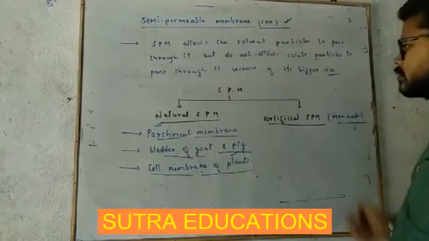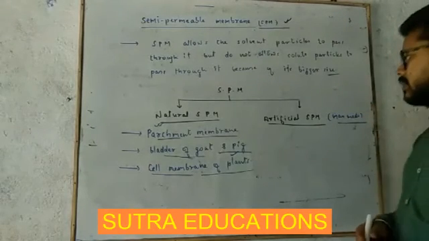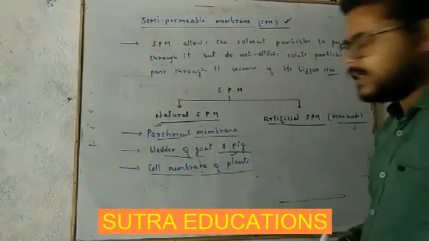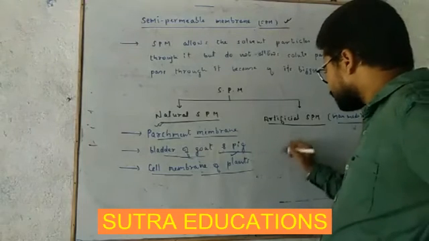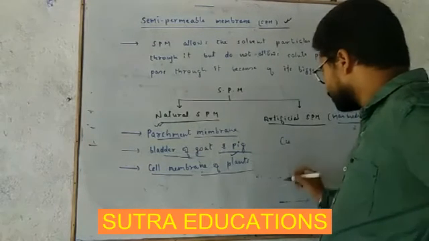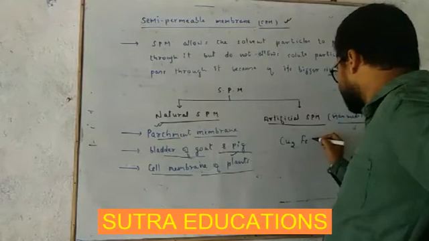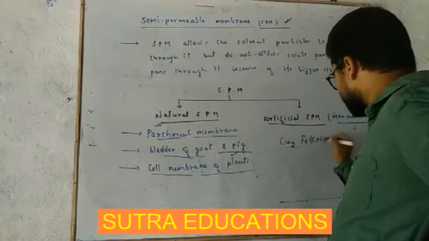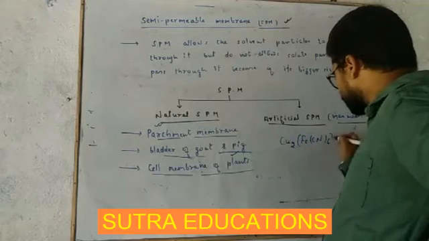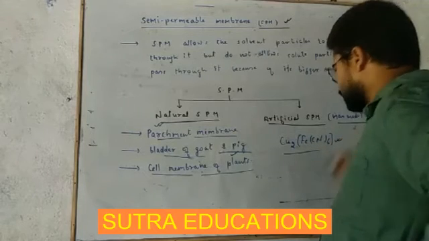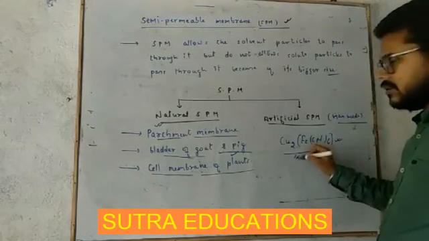So how can it be prepared? One example I am telling you: it is copper ferrocyanide, Cu2[Fe(CN)6]. How is it prepared?